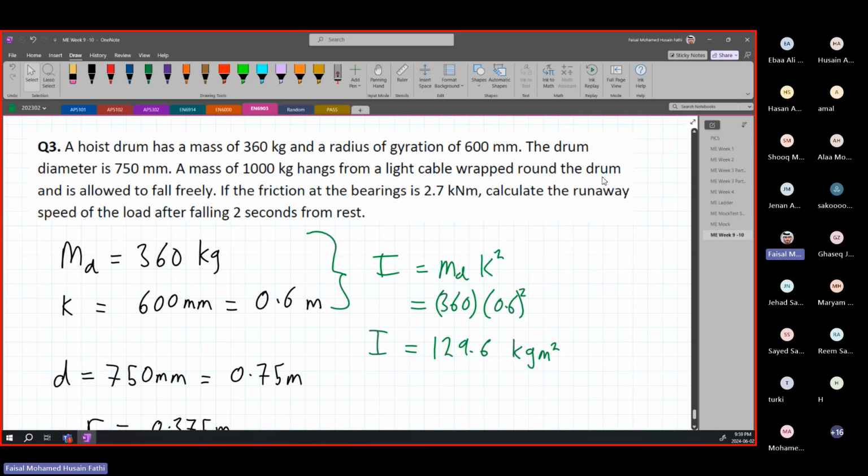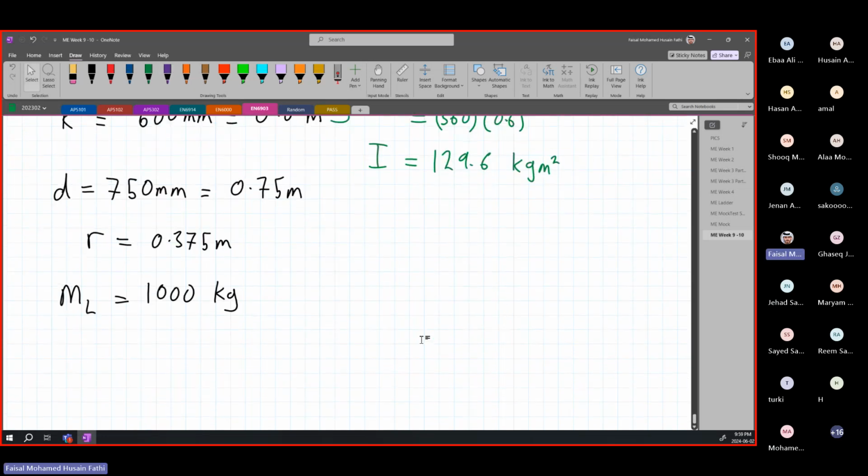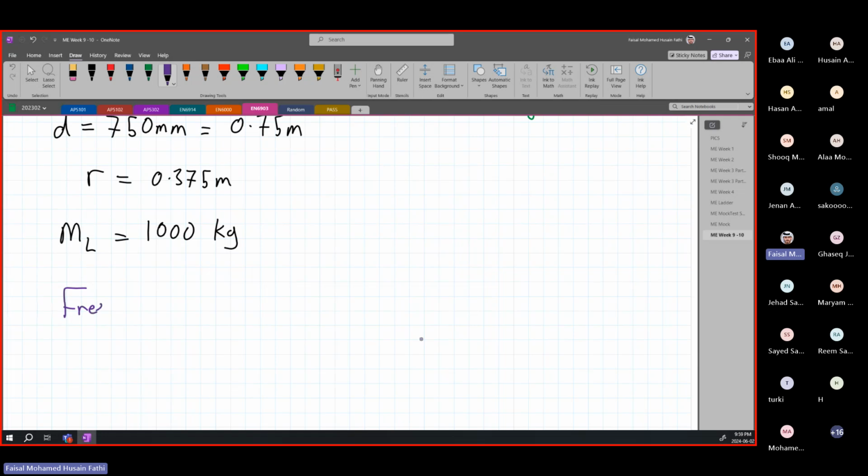From the light cable wrapped around the drum, and this is the very important part, allowed to fall freely. Allowed to fall freely. Why is this important? When they say free falling, this implies that your torque is equal to 0.